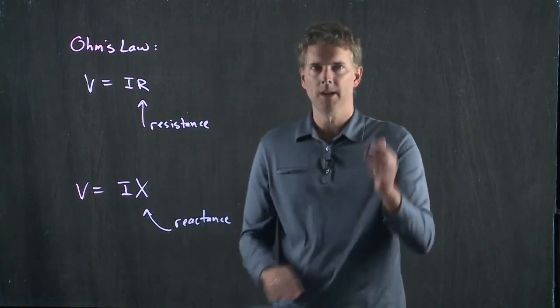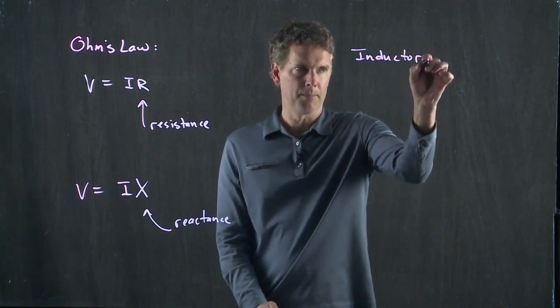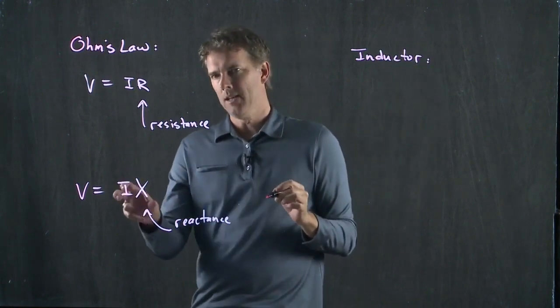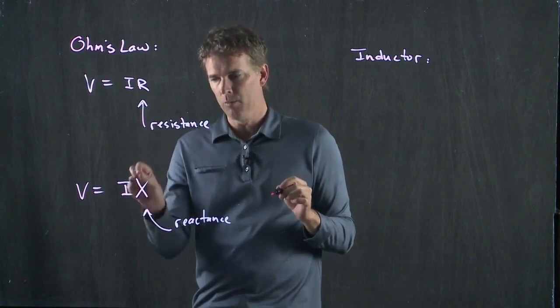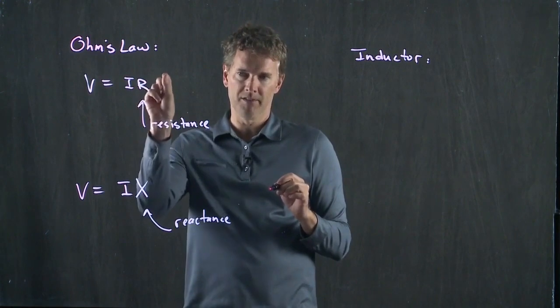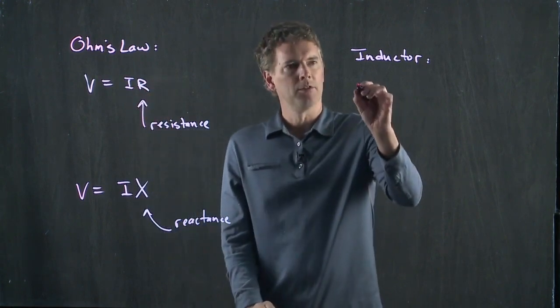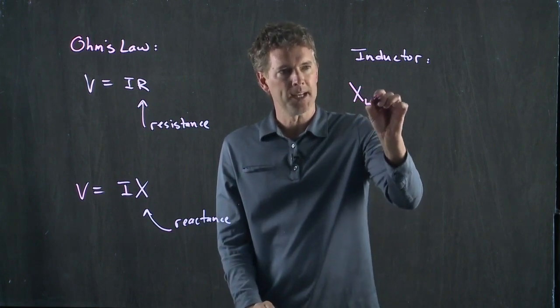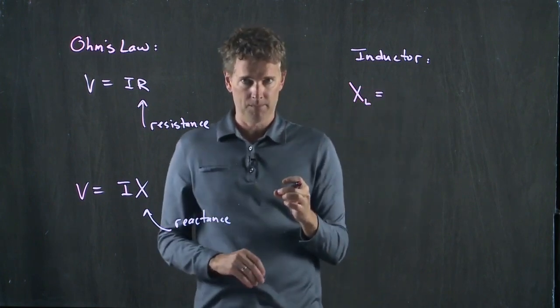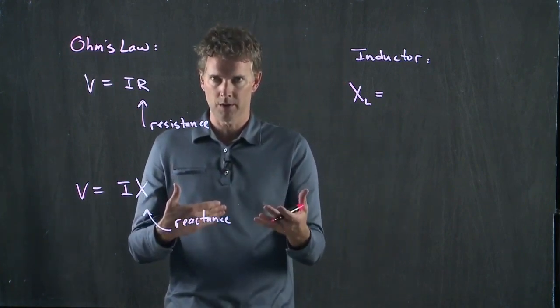So if we think about our inductor, there is certainly a voltage drop across it, but it is out of phase with the current. And so you cannot just write Ohm's law directly with some resistance. It is called a reactance. So an inductor has a particular reactance to it, and it's that resistance to changes in the current.